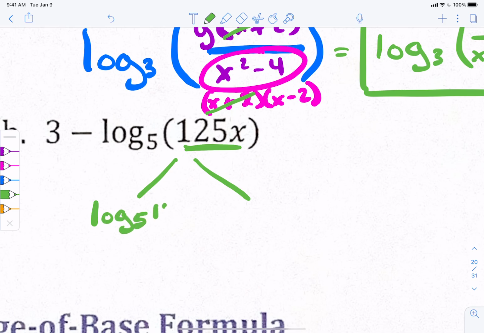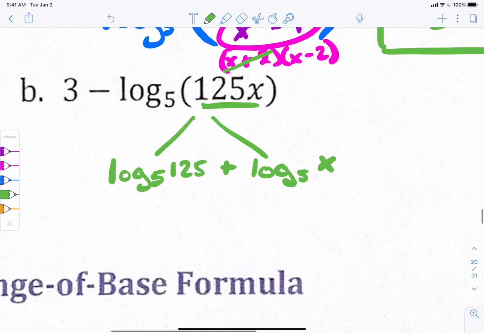So log base 5 of 125 plus log base 5 of x, right? Since there's a minus in front of the whole thing, we have to drag that minus through for both of the pieces. So I've got 3 minus, that minus log base 5 of x. The negative's in front of the whole thing, so we've got to apply the negative to everything, okay?